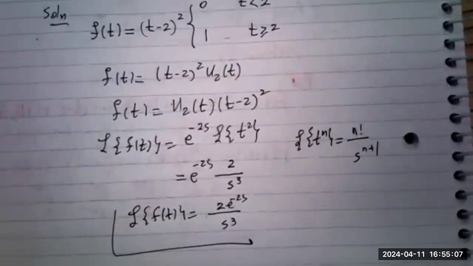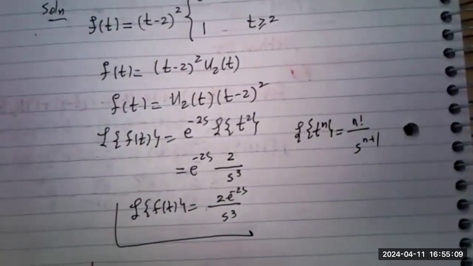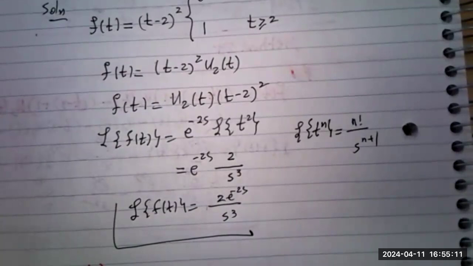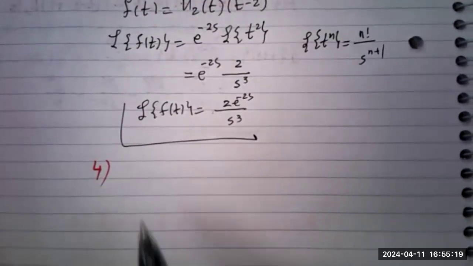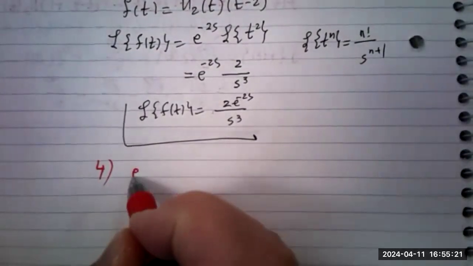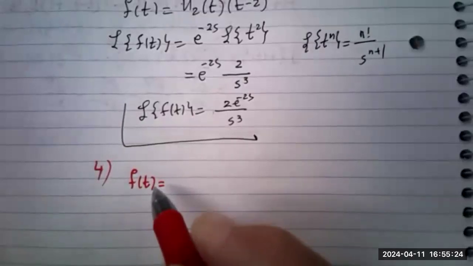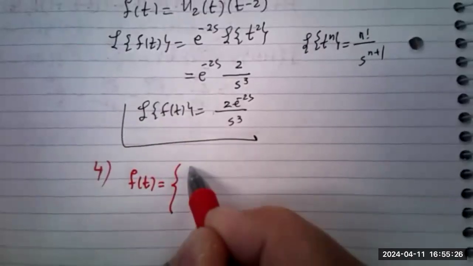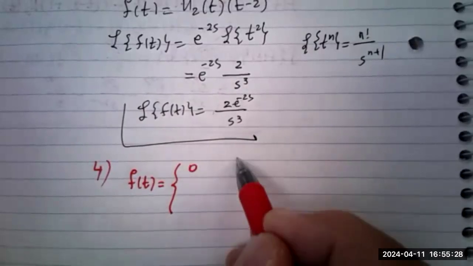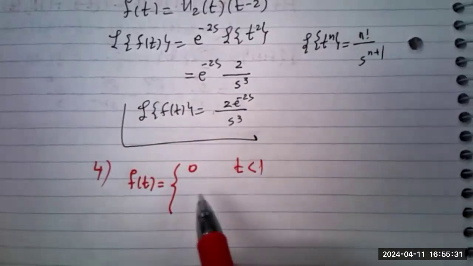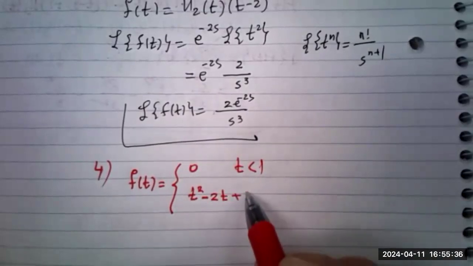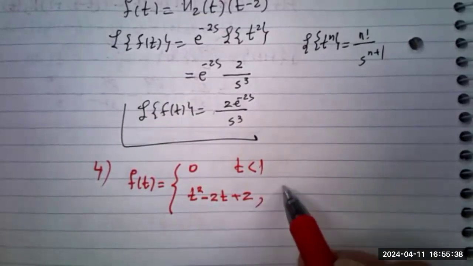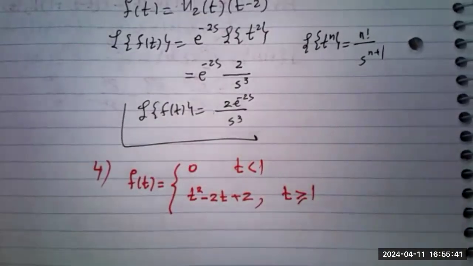This next one, if you check any differential equations textbook, you will see this too. It's going to be all over the place. Let's see what's special about this one. The function is f of t equals 0 if t is less than 1, and t squared minus 2t plus 2 when t is greater than or equal to 1.